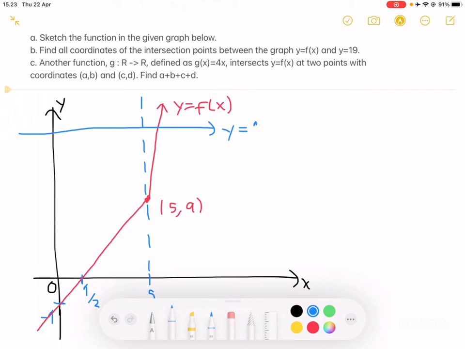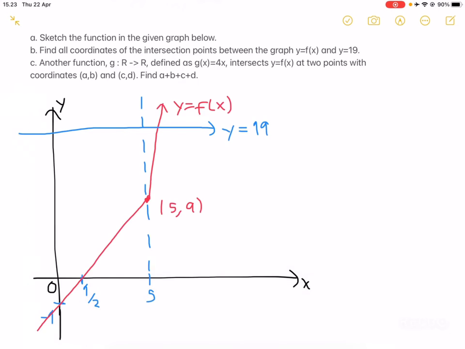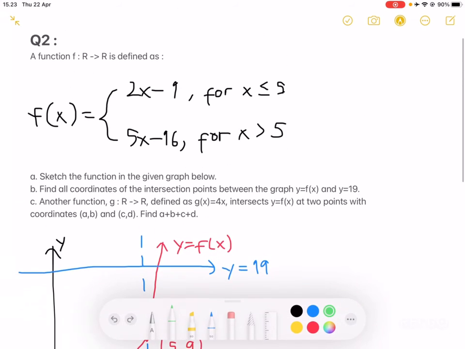So let's denote this as y equals 19. And notice that it intersects on the second half, which is on the right hand side of the domain, which is defined for x greater than 5, and therefore we can substitute f of x with this function since it satisfies that domain.